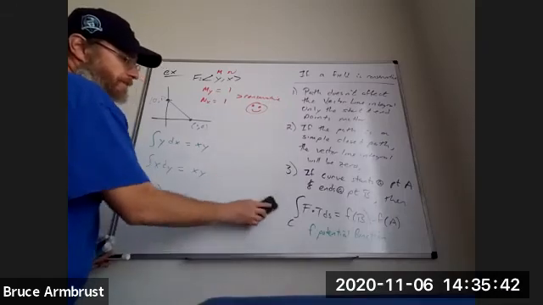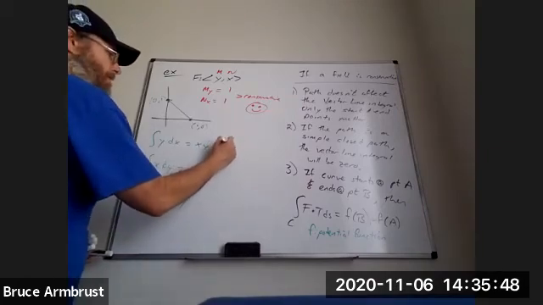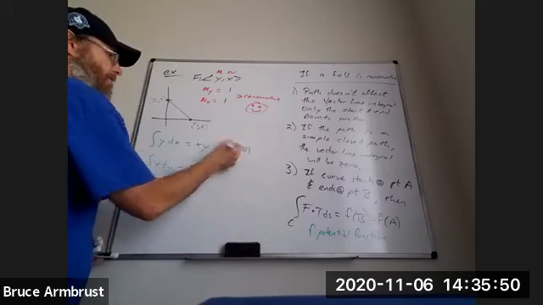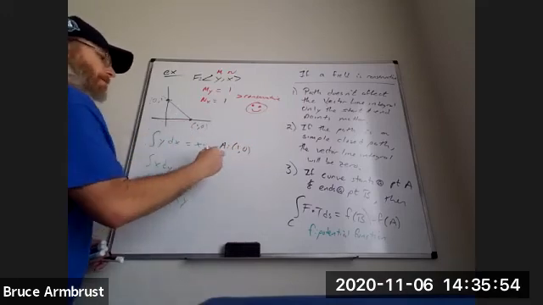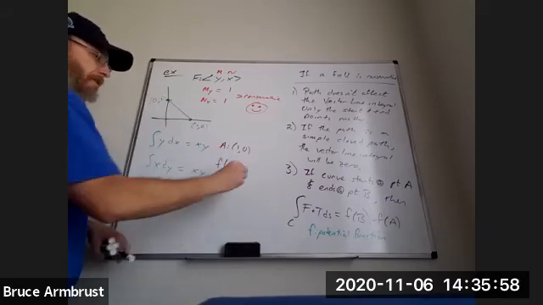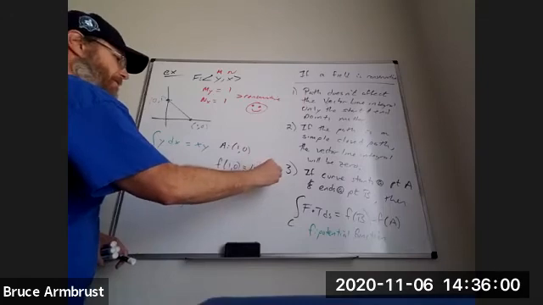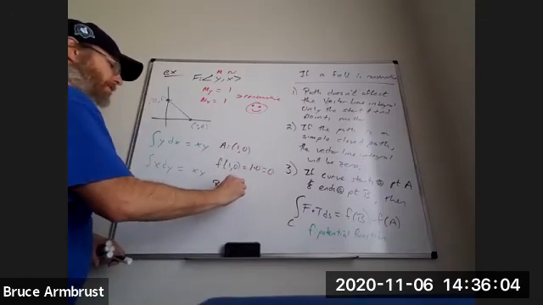Okay, so now let's use the fundamental theorem of line integrals. A is the point 1, 0. It's where we're starting. If we plug 1, 0 into the potential function, we get 1 times 0, which is 0. Point B is 0, 1.